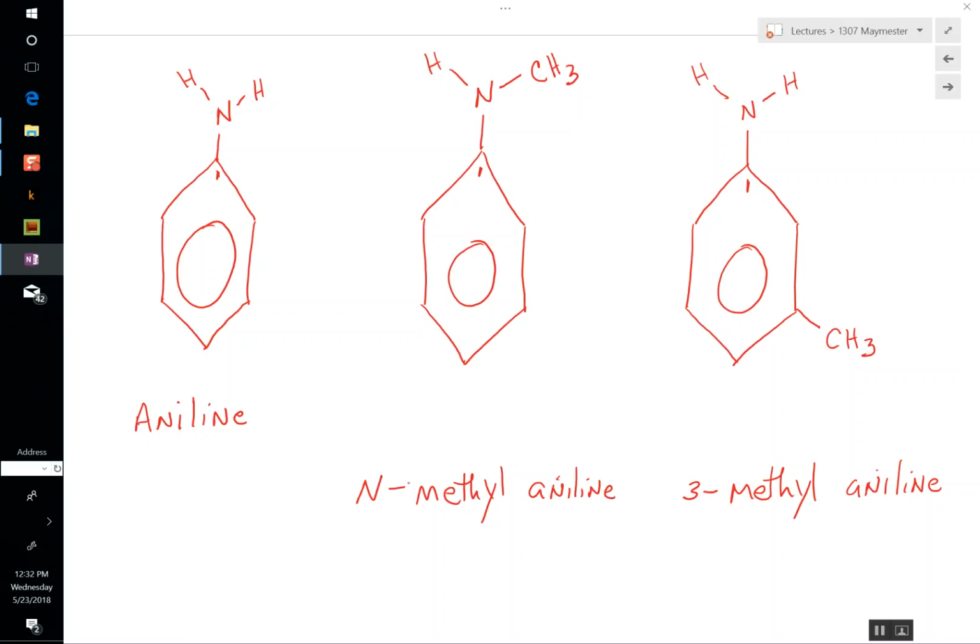So N is going to become a designator of a position for a substituent when you have a substituent on the nitrogen. So that's N-methyl aniline, 3-methyl aniline, and here's aniline.